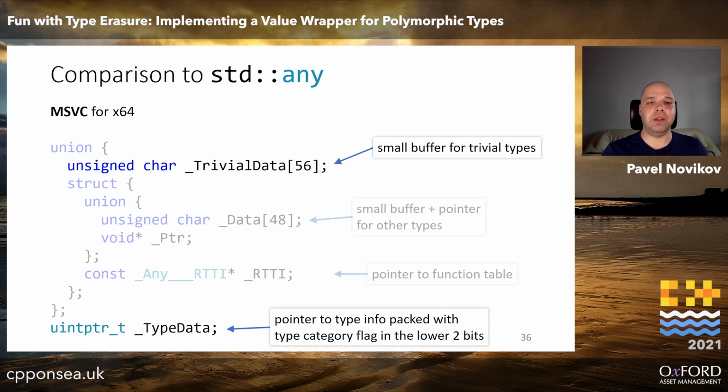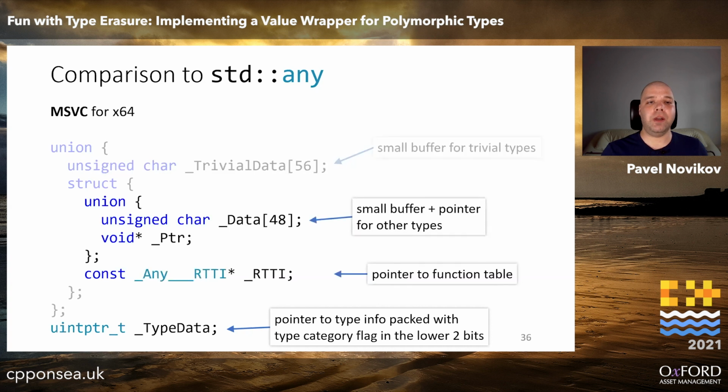We have 3 categories of objects. It can be trivial data, in which case we use a small buffer and just memcpy when we need to copy or move an object of that type.